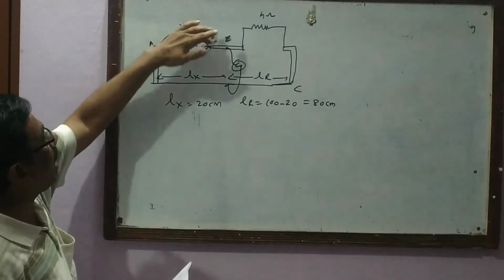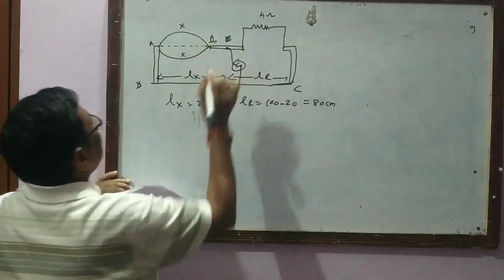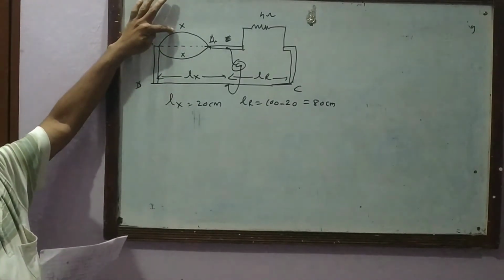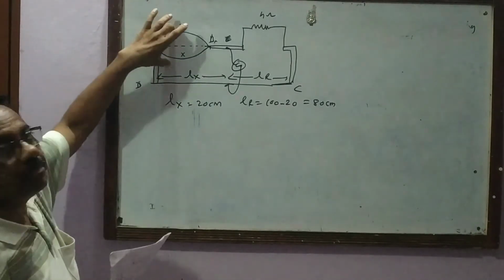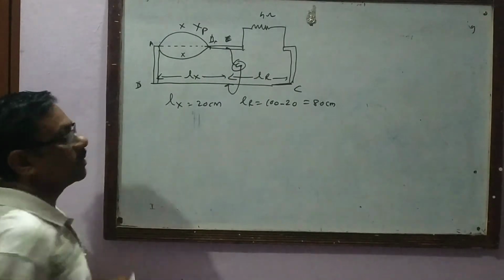Therefore Lx is 20 and Lr is 80 centimeter. The bangle is connected at the two diametrically opposite points A and B, so that two halves are created, one half having resistance X and another having X. They are connected in parallel combination, forming a parallel combination, that is XP.